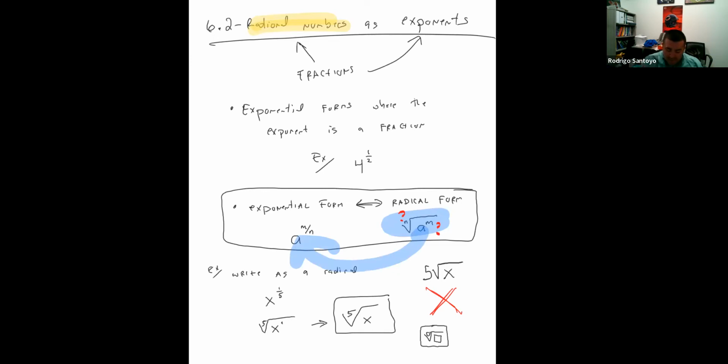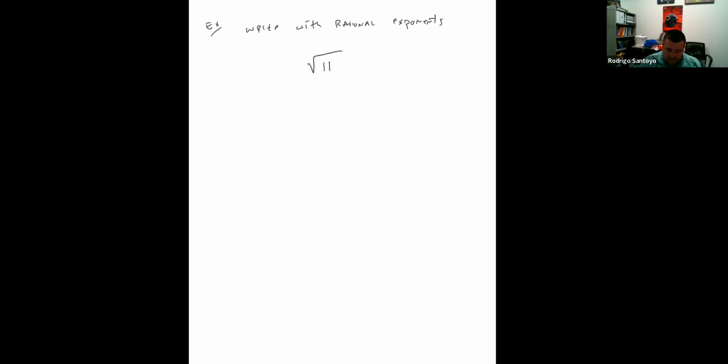Well, if you take a look at the previous example, notice that that 1 is really there, right? If it doesn't show anything, it means it's a 1. So when we go back to our problem, that implies that it has a power of 1.